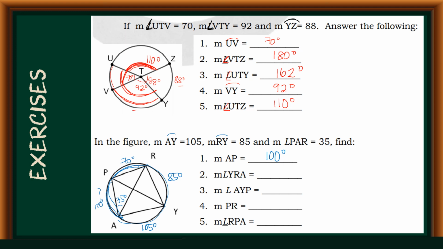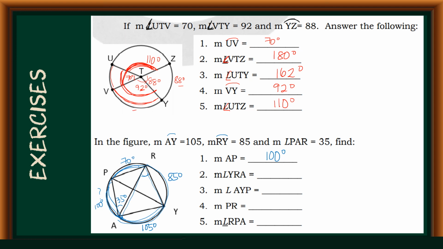Next, angle YRA. YRA. Okay, this one. Yan. Note that angle YRA ay may intercepted arc na AY, which measures 105 degrees.